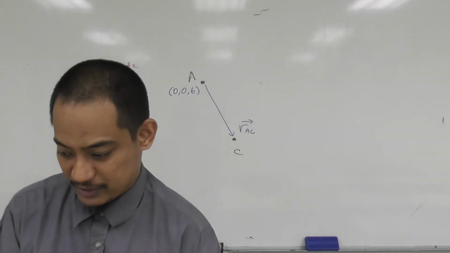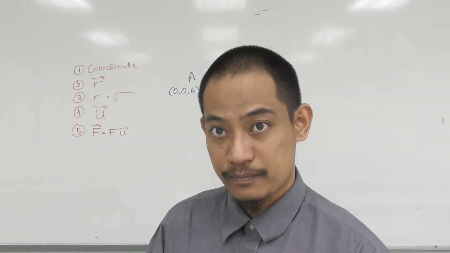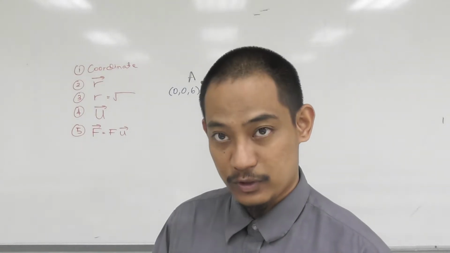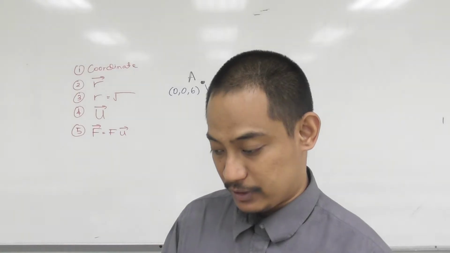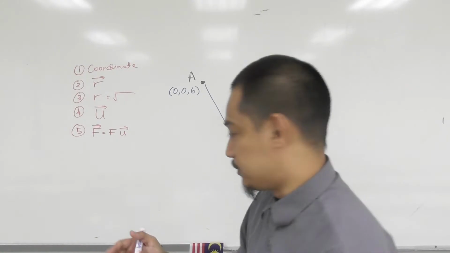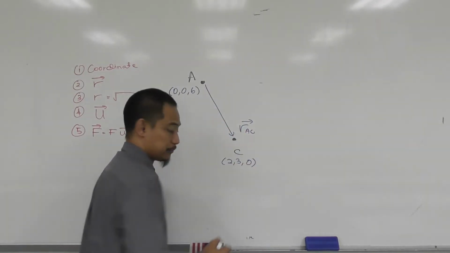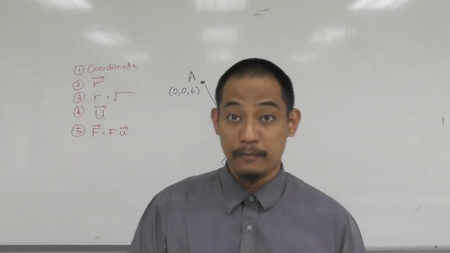What about the coordinate of C? Okay, 10 seconds. Get the coordinate of C. Okay, I hope you have it already. So basically it's 2, 3, 0, right? 2, 3, 0. Alright?